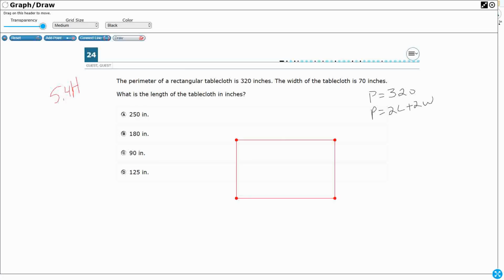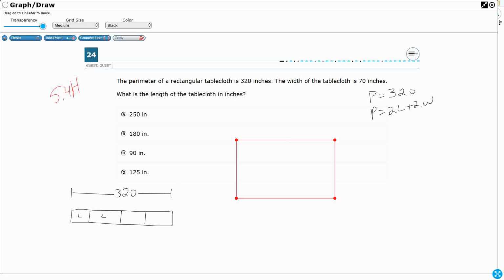Now I can make this a strip diagram. Okay, so what I'm going to do is I'm going to say, here's my perimeter, 320. And it's going to be 2 lengths and 2 widths.